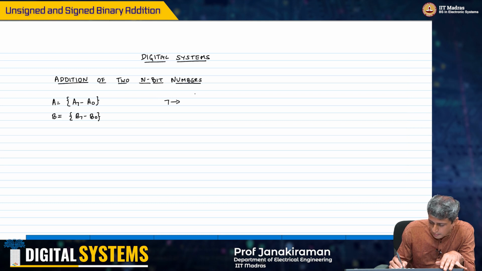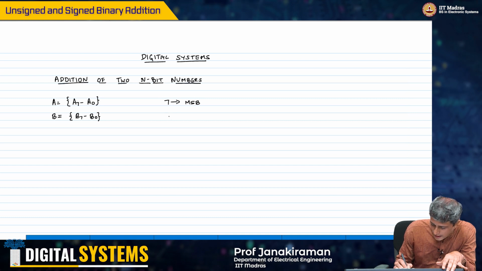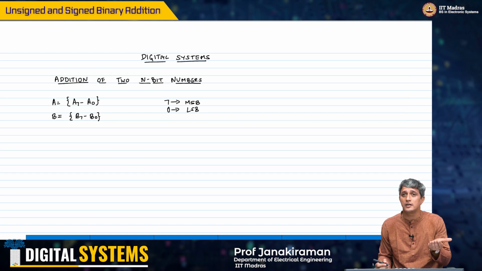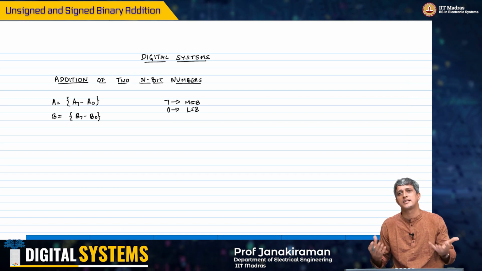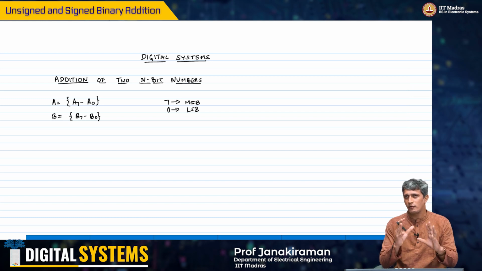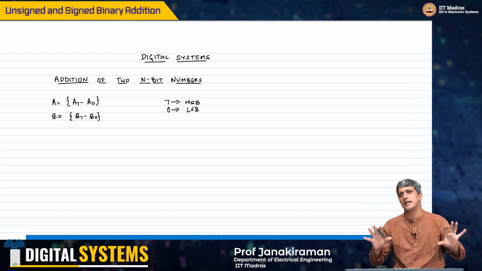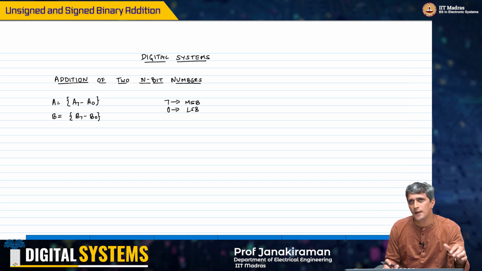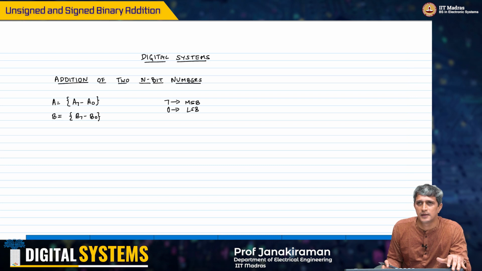So we are saying bit number 7, or the 8th bit, is MSB, and the 0th bit is the LSB. Now this could be true even if this were a signed number or unsigned number. So we'll look at both the signed and unsigned separately, through examples, and then we will look at the implementation of this adder.